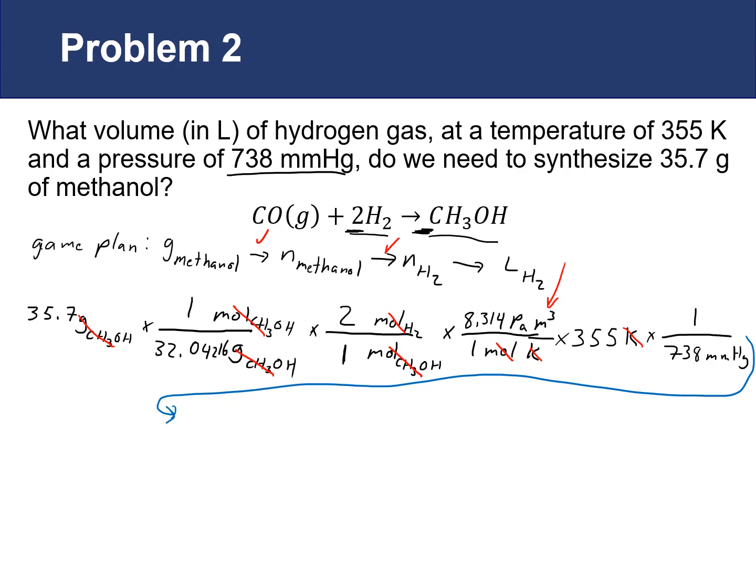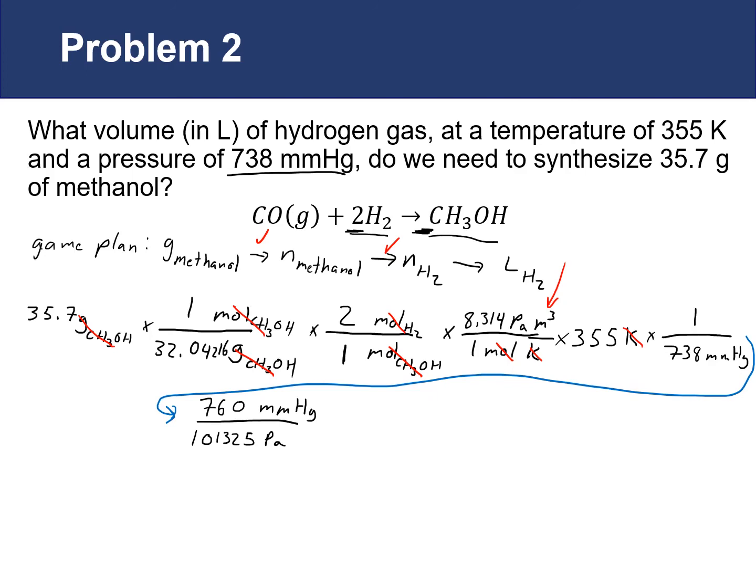Pascals and millimeters of mercury don't cancel out, but what we can do is use a conversion. So we want to get rid of millimeters of mercury and convert into Pascal so that we can get everything to cancel out. So 760 millimeters of mercury is 1 atmosphere, and 101,325 Pascal is also 1 atmosphere, which means that our ratio of 760 millimeters of mercury is the same as 101,325 Pascal.